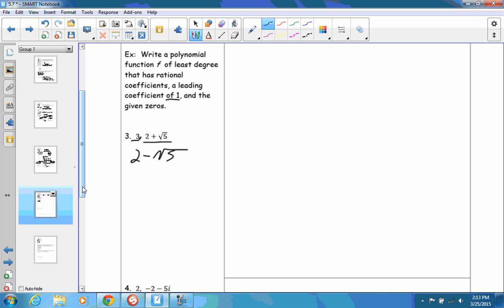So if I know that these are zeros, what can I change them to? Factors, right? So what are my 3 factors? The first one's easy. x minus 3, right? So x minus 3 is my first one. Here's where it gets a little tough.